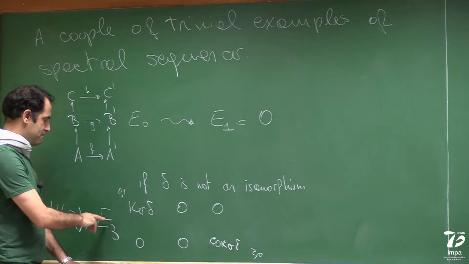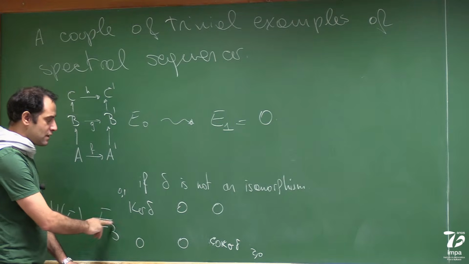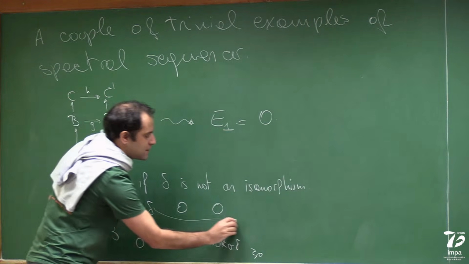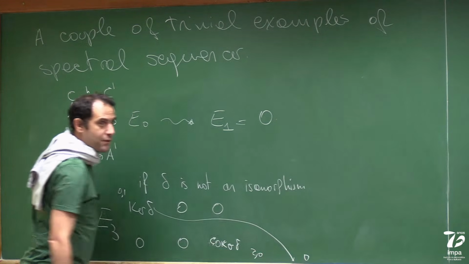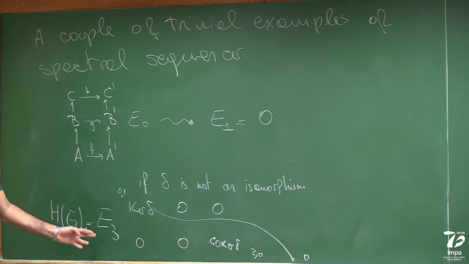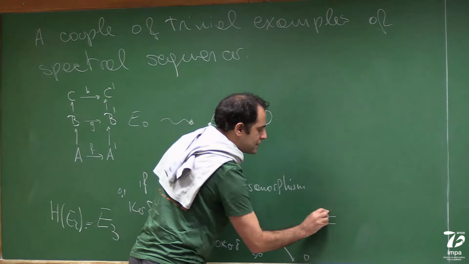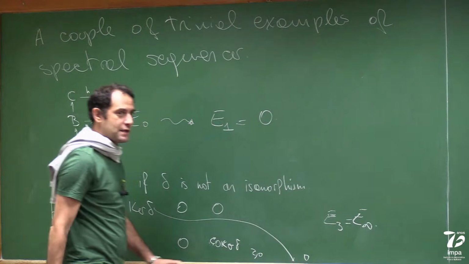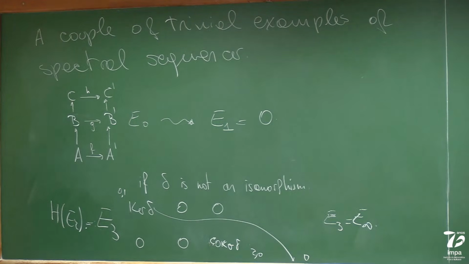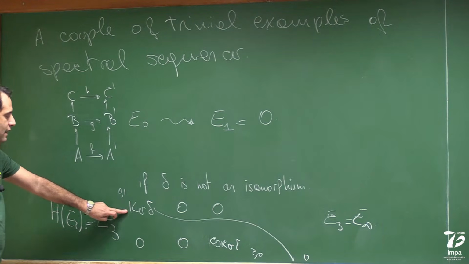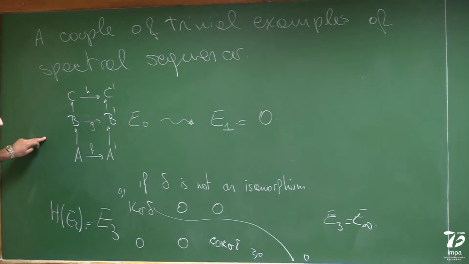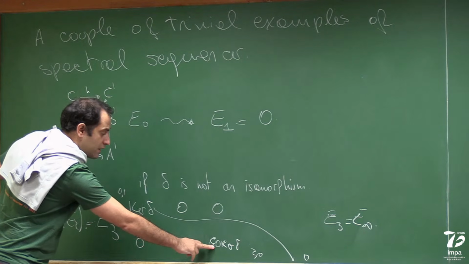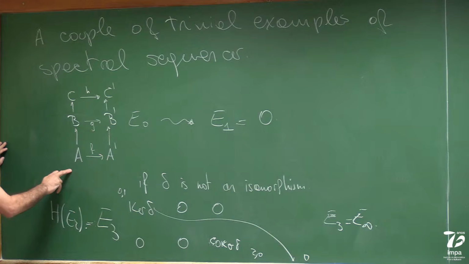So now, in E3, the differential goes from here to here, which is 0. So the differential is 0 in E3. So E3 is already E infinity. Nothing new can happen in that spectral sequence. Nothing can kill this kernel of delta because I have nothing here, and nothing can kill this guy because I have nothing here.